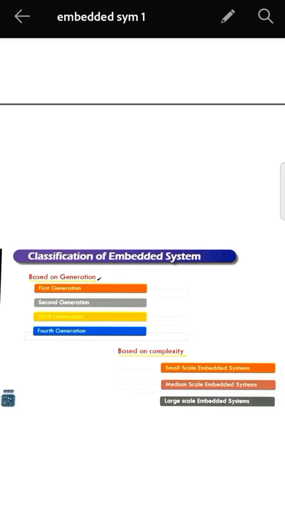Based on generation, there are 4 different generations: first generation, second generation, third generation, and fourth generation. And based on complexity, they are classified as small scale embedded system, medium scale embedded system, and large scale embedded system. Now we have to study one by one.